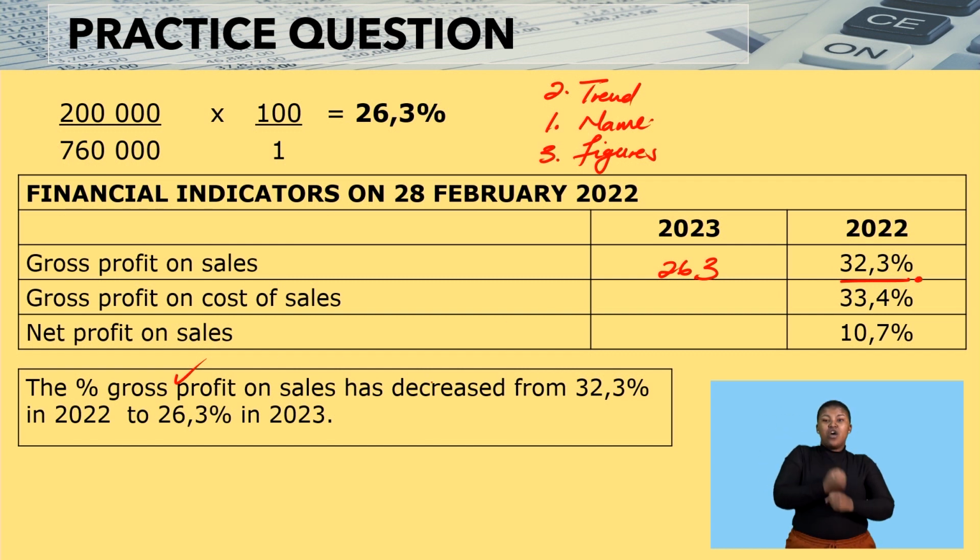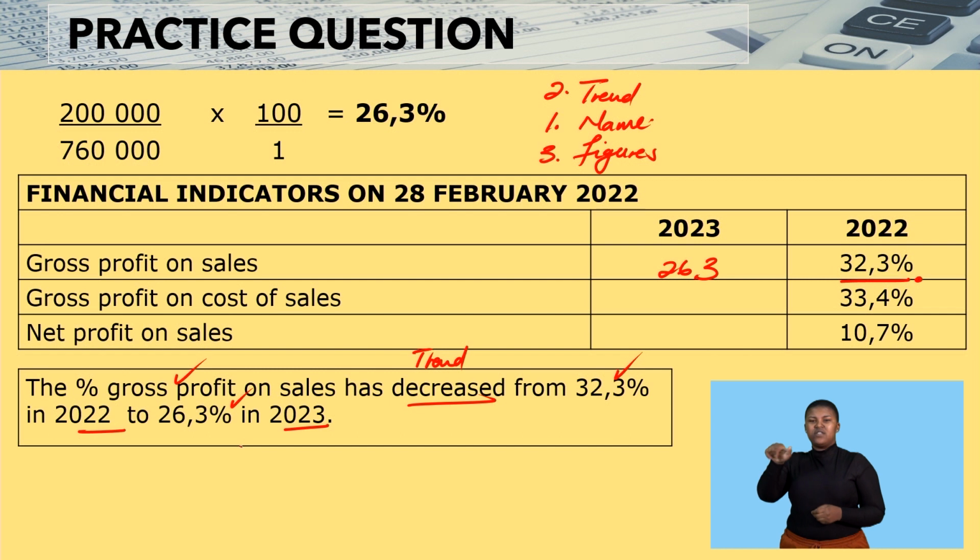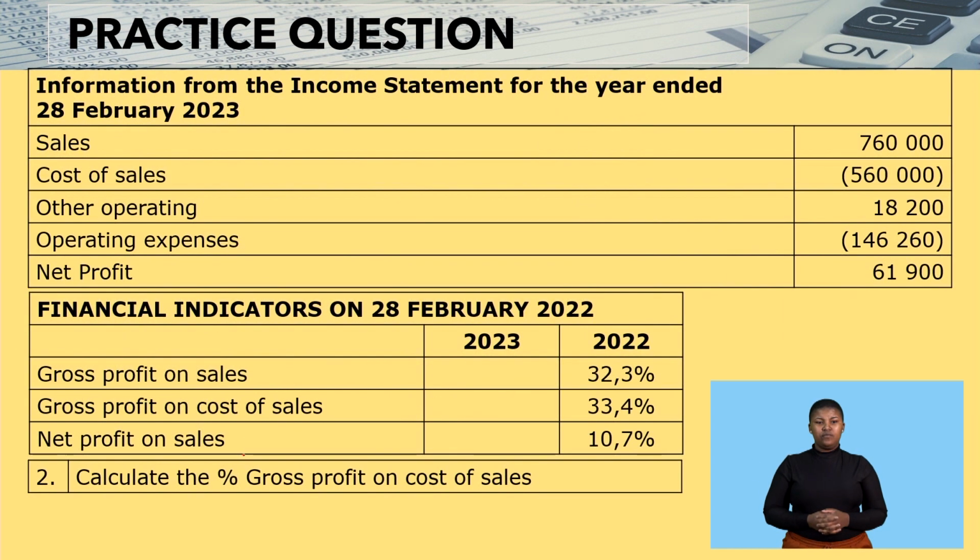This therefore becomes the trend, from 32.3 in 2022 to 26.3 in 2023. That is what you would then say. The gross profit on sales has decreased from 32.3 in 2022 to 26.3 in 2023. Let's move on to the next one.